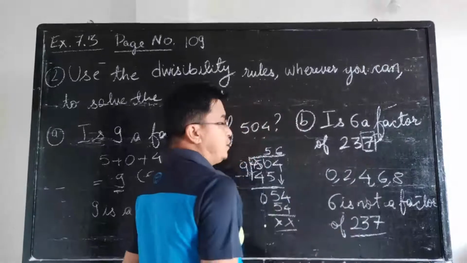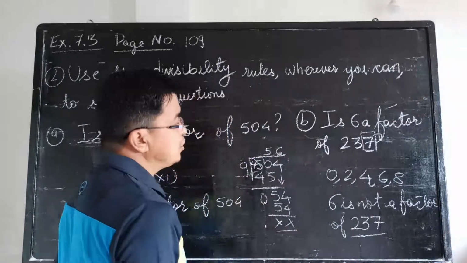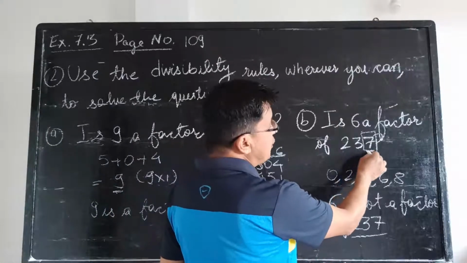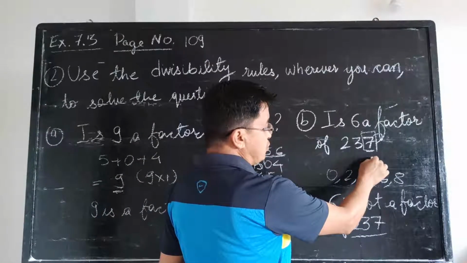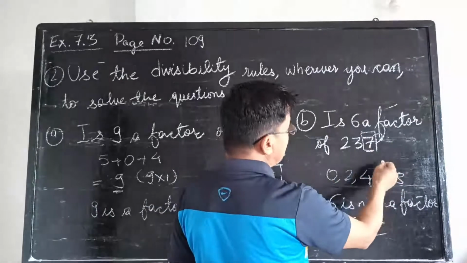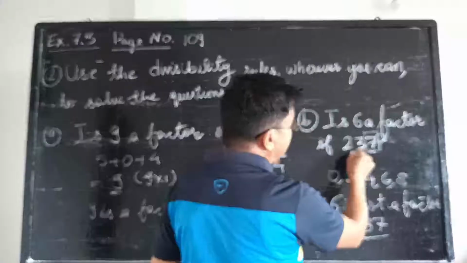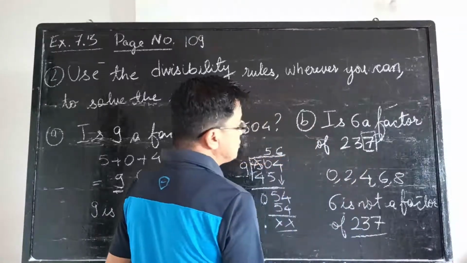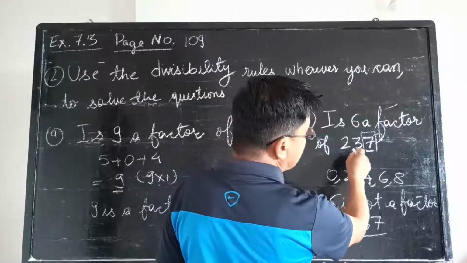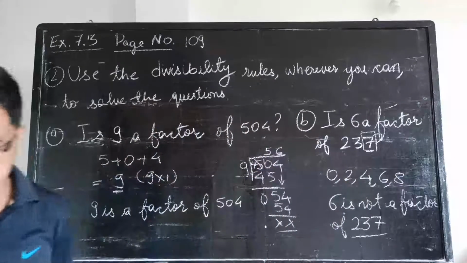If it cannot be divided by 2, we need not check 3. Since this number is not divisible by 2, 6 is not a factor of 237.